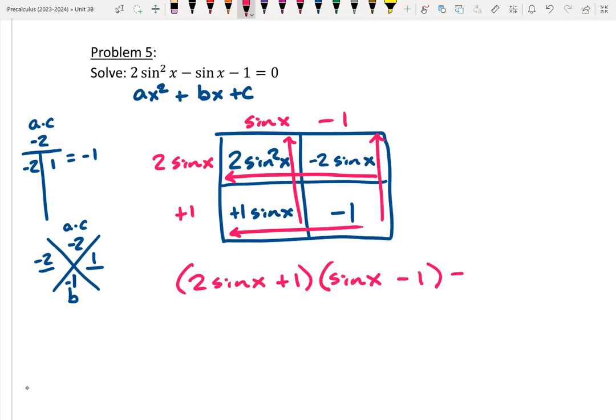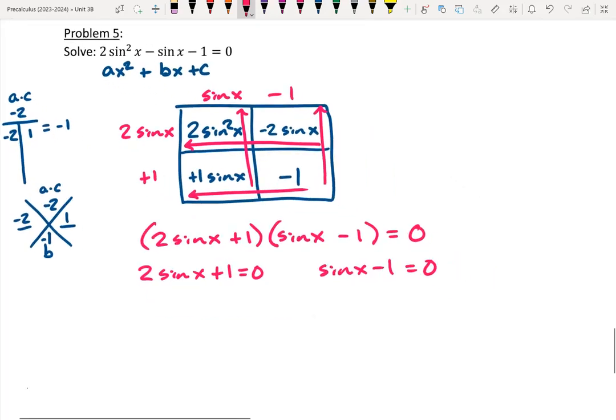And just like the last problem, guess what? We set each equal to 0. So 2 sine of x plus 1 equals 0. Sine of x minus 1 equals 0. And that will give us sine of x equal to negative 1/2 and sine of x equal to positive 1.